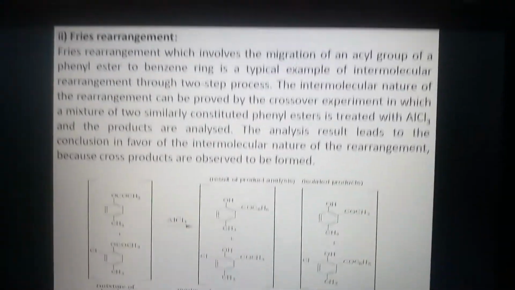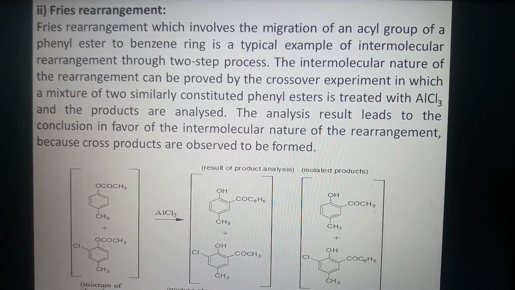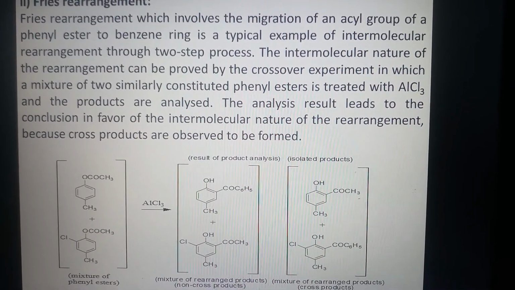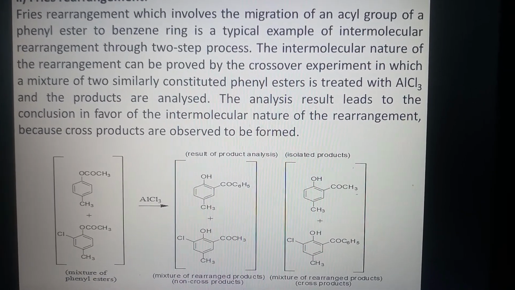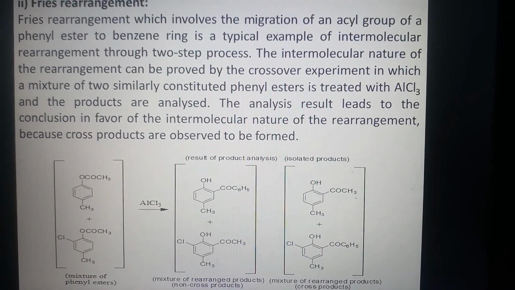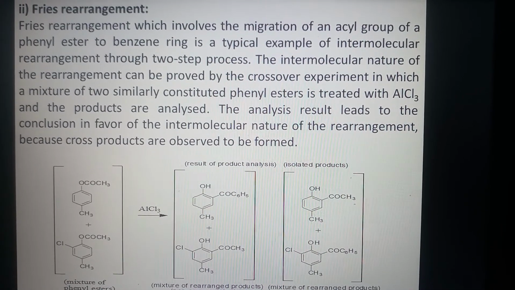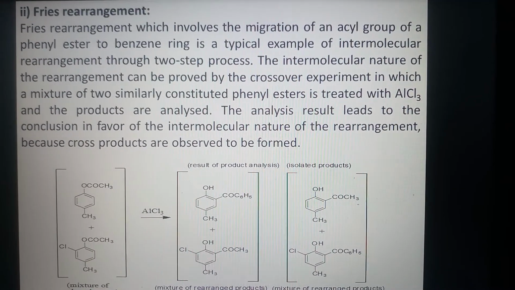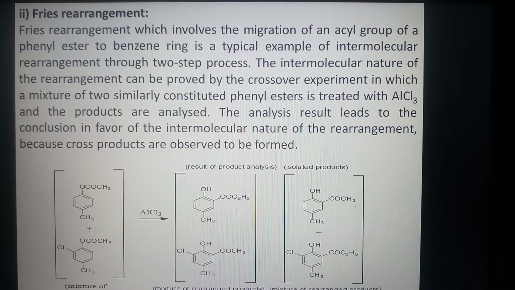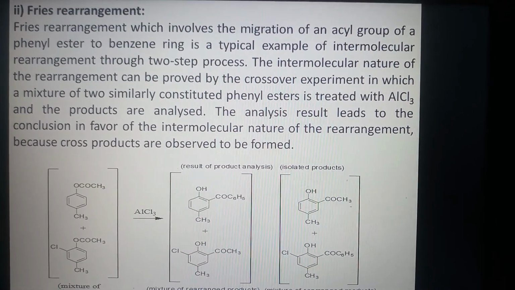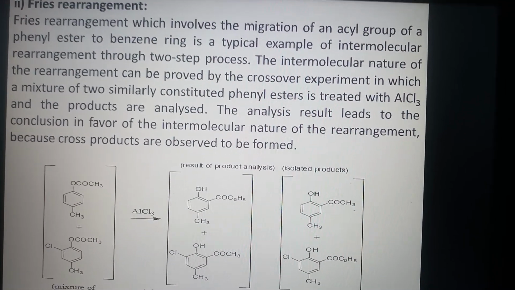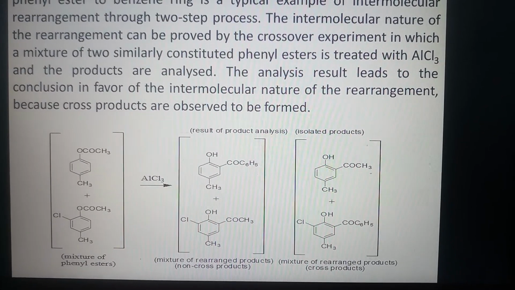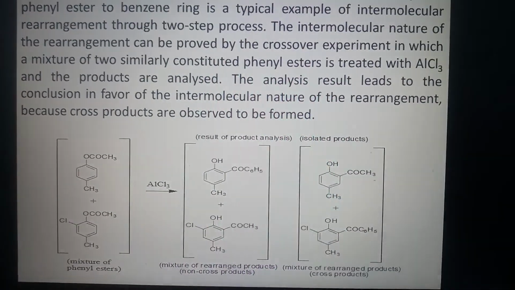The last example is the Fries rearrangement. The Fries rearrangement, which involves the migration of an acyl group of a phenyl ester to the benzene ring, is a typical example of intermolecular rearrangement through a two-step process. The intermolecular nature of the rearrangement can be proved by a crossover experiment, in which a mixture of two similarly constituted phenyl esters is treated with aluminum chloride and the products are analyzed.